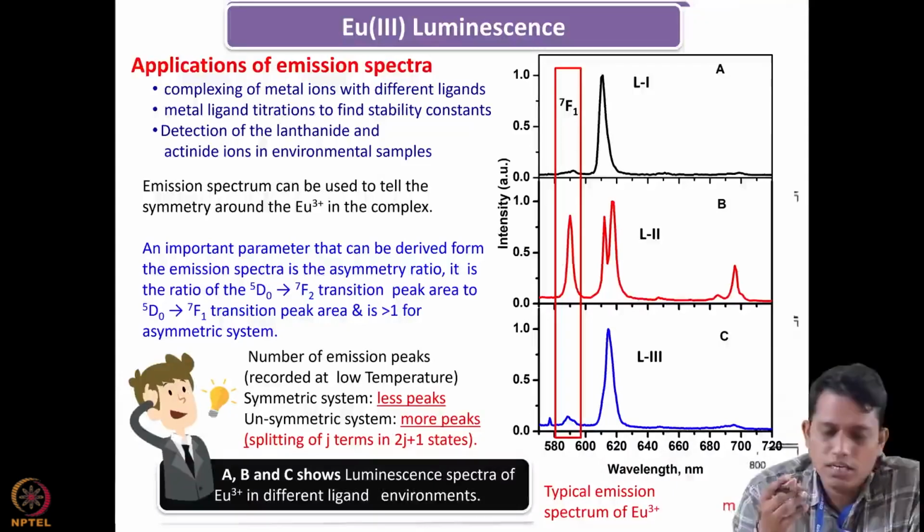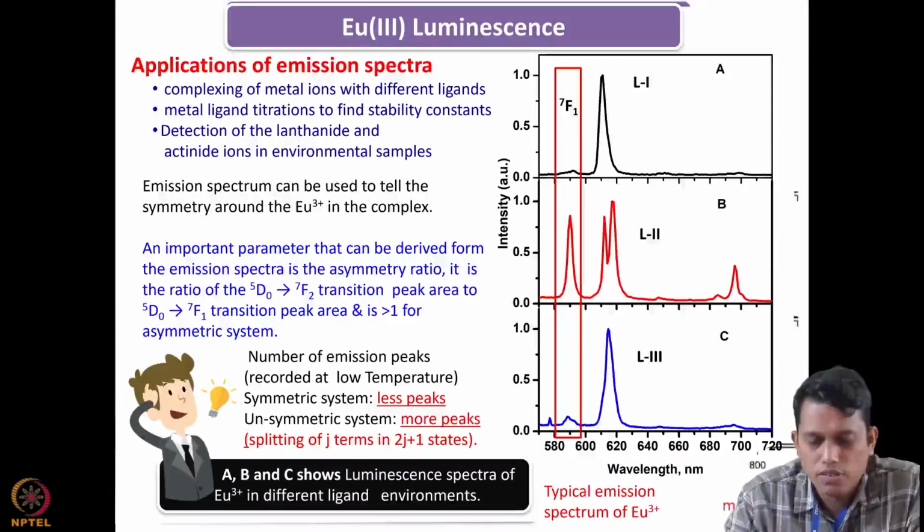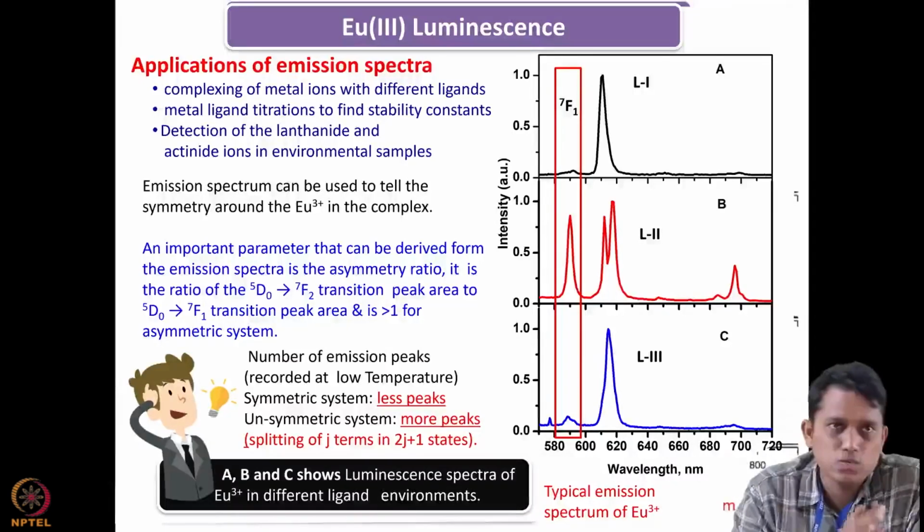It so happens that this ratio is very high when the symmetry is very low, and the ratio is low when the symmetry is higher. For example, in water, where the symmetry is very high, this ratio is around 0.5 to 0.6. So this asymmetry ratio can be used to understand, at least to say, whether the symmetry is high or low. But what is the exact symmetry?